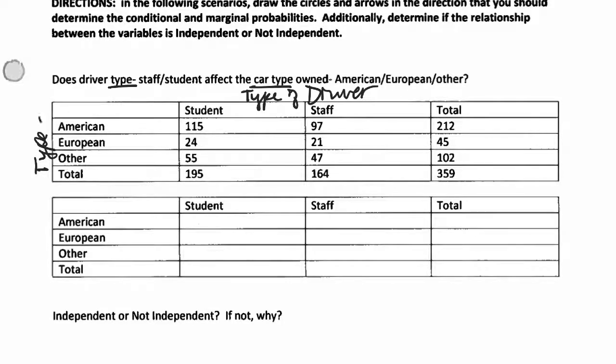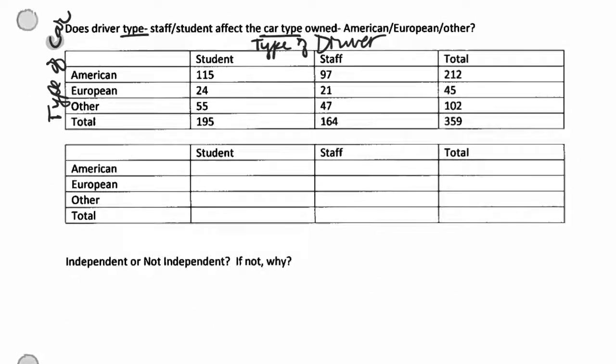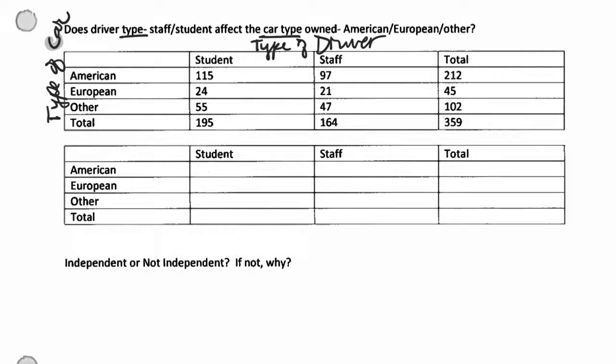So which one of those do you think is the explanatory component, the one that's explaining the other? Does the driver explain the car, or does the type of car explain the type of driver? Driver explains the car. Just because you have an American car doesn't mean you're a staff member.